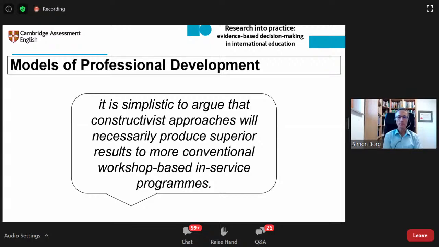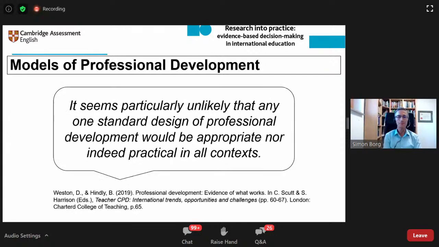Theoretically, yes, constructivism is better than conventional training workshops, but we need to look at these issues in context, and without reference to the context, it is simplistic to argue that constructivism will always be the best approach. And as I said earlier, this quote: it seems particularly unlikely that any one standard design of professional development would be appropriate or indeed practical in all contexts. So again, the importance of contextualizing the decisions we make about how to implement professional development in particular contexts.